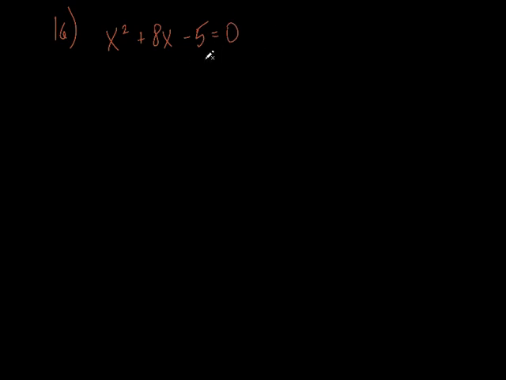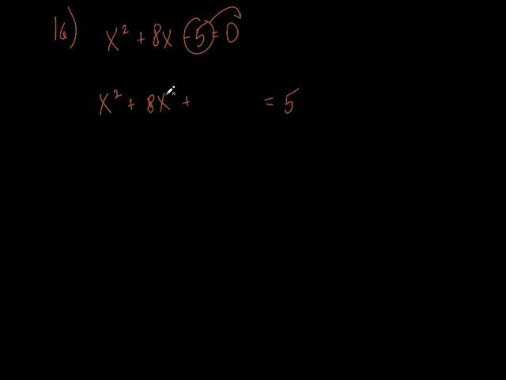Okay, this is actually easier than number 17, the one we finished doing just a couple minutes ago. You don't have to get rid of a coefficient, do you? It's already a 1, so I don't have to divide by a certain number. So really what I'm going to do is take this minus 5 and chuck it to the other side. So I've got x squared plus 8x, leave a blank, and then equals 5.